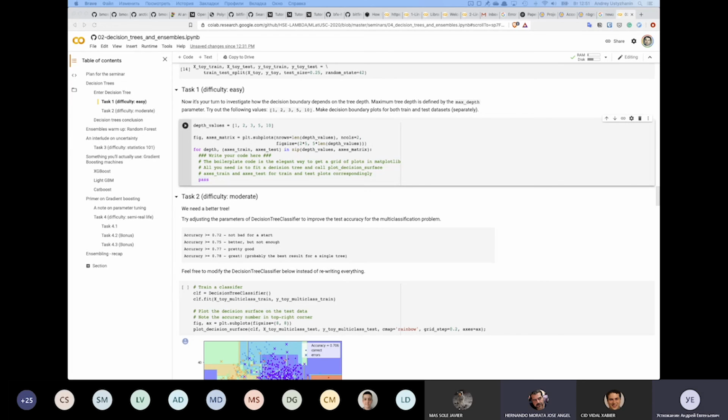Yeah, but so you see the code here, it creates subplots. So it is essentially a sub picture, and you ask to create a 5x2 grid of plots, and every picture there is represented by an axis matrix. So it is something that you can use to plot the decision surface on.